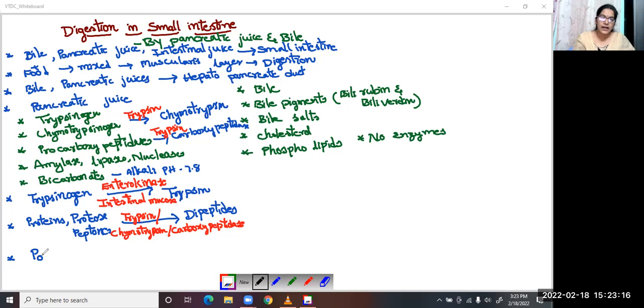And polysaccharides convert into disaccharides in the presence of enzyme that is amylase, pancreatic amylase.